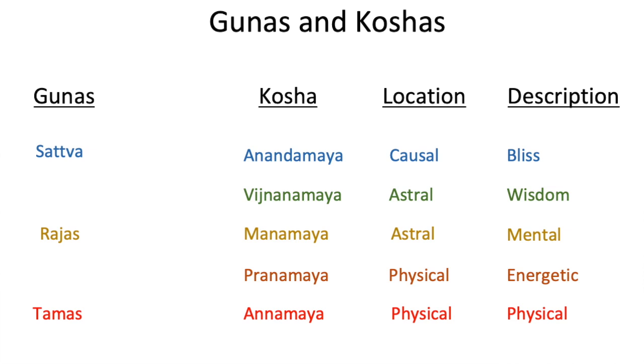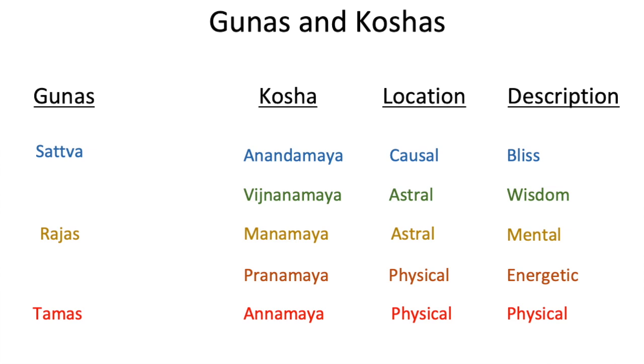Our mental ability is our rajas, our ability to think, to move. And the Pranamaya Kosha is the bridge between physical and mental. And of course, we are bliss and located in the causal body, deep within the center of the heart. And the wisdom is our bridge between the mental bodies and the bliss body.